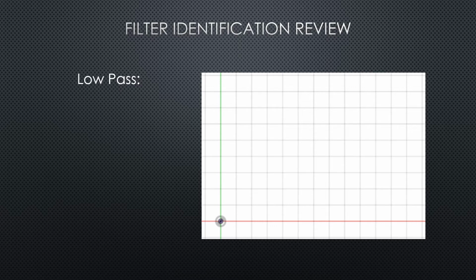So if the x-axis is frequency, we've got 0 hertz right here, and frequency is increasing as it moves towards the right, and the y-axis represents gain, some kind of gain or amplitude.